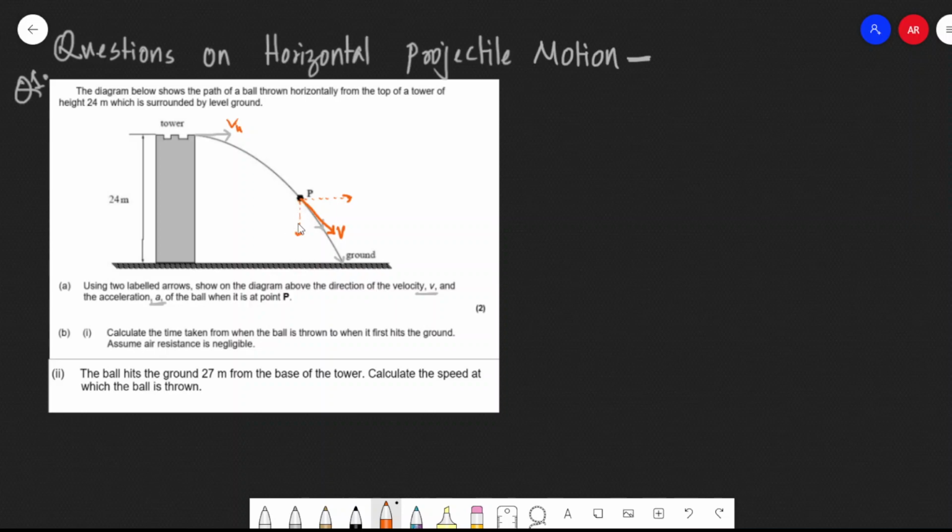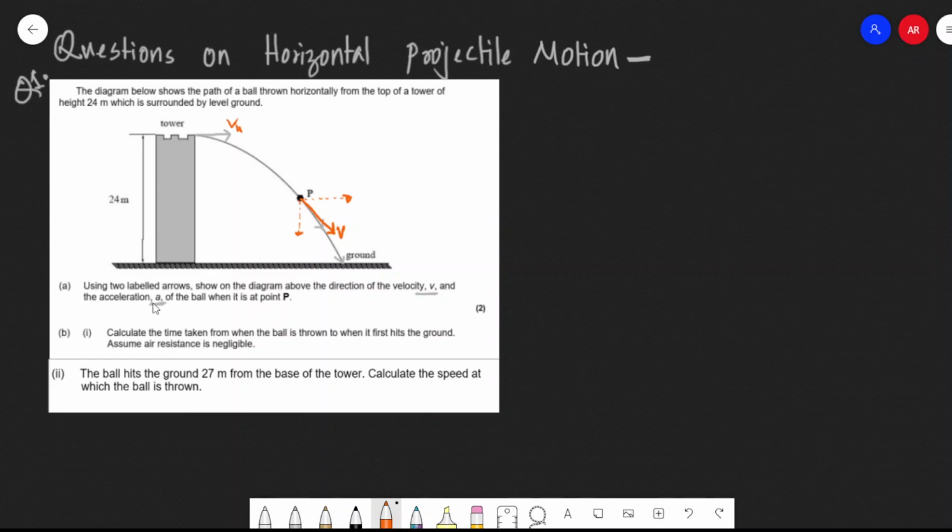So its vertical velocity will keep on increasing. So this is the vertical velocity, this is the horizontal velocity. The resultant of these two velocities must be acting along the tangential direction of this curved path. So this is v, how I located it and drew it with the arrow.